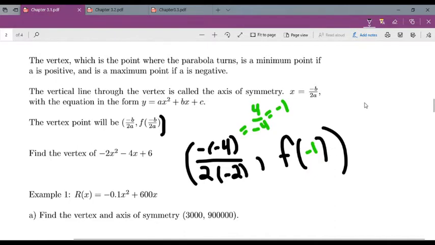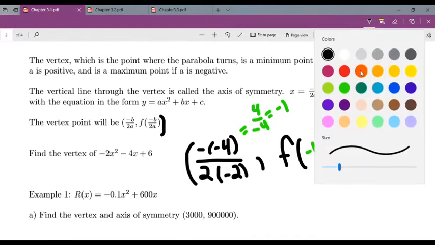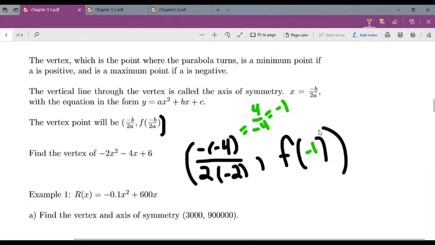So what I need to do is to find this f of -1. I'm going to have to start with this formula here. -2 times -1 squared minus 4 times -1 plus 6. Okay, so -2 times -1 squared.